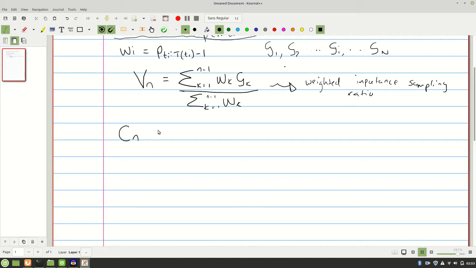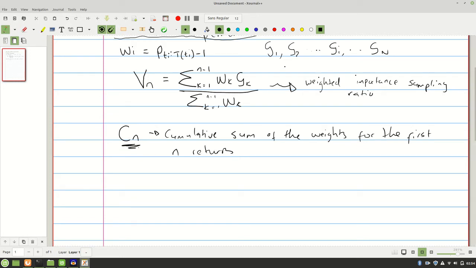So Cn, we can say this is the cumulative sum of the weights for the first n returns. So this is essentially what Cn is.